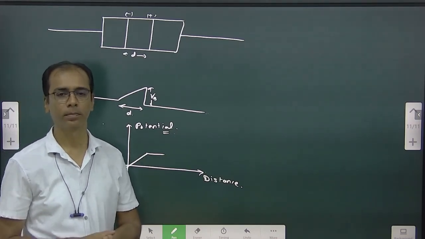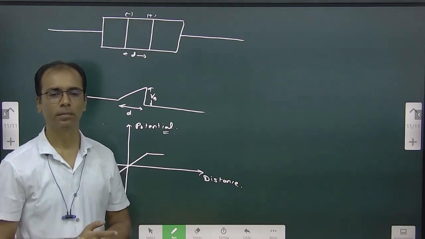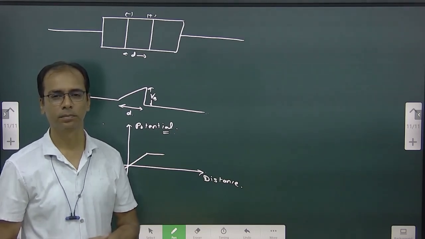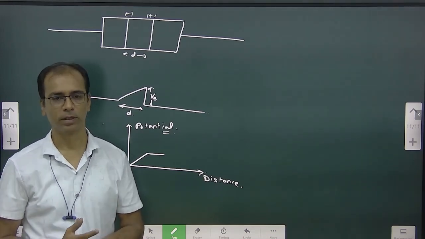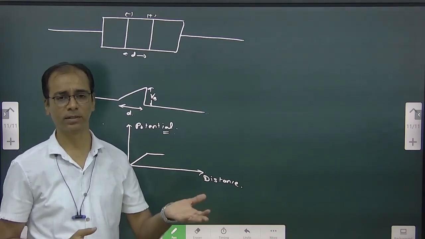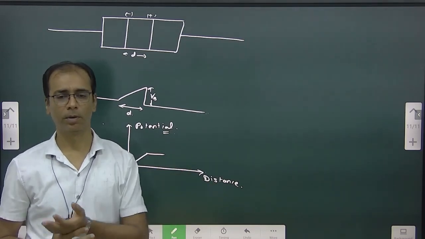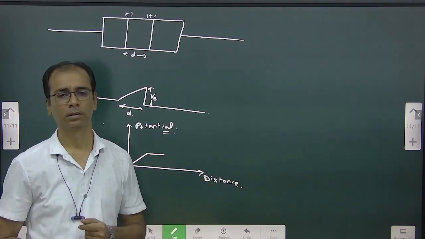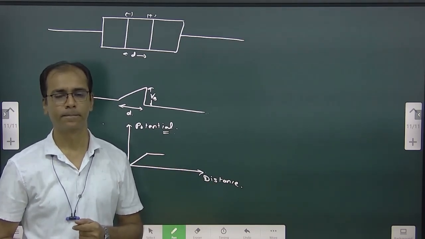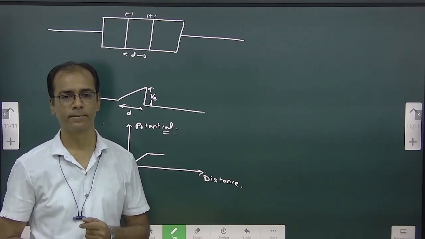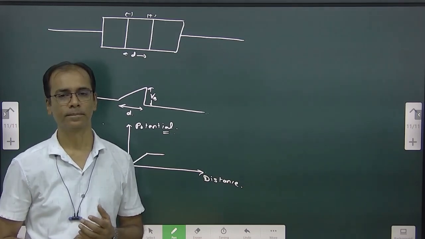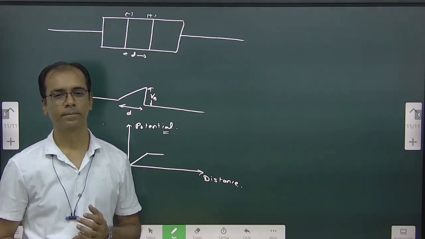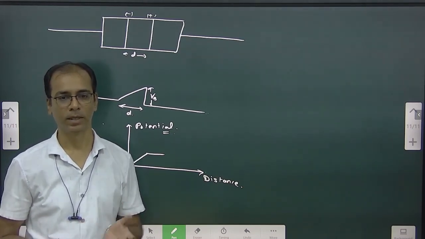Okay, Ashini? Okay, so we will start waves after that. You don't want kinetic theory of gases or thermal properties? That's what I am saying. That's why I am asking.